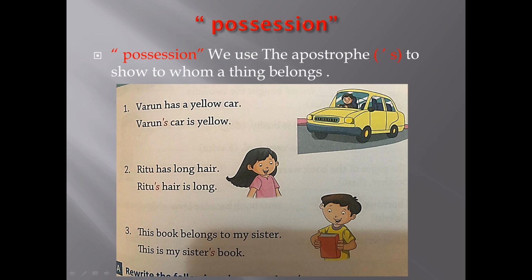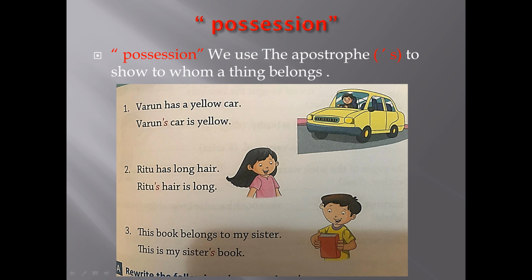Ritu has long hair. Instead of saying Ritu has long hair, I can say Ritu's hair is long. Here I use the apostrophe with a singular noun. So I write the noun Ritu, apostrophe S, and I complete the sentence.